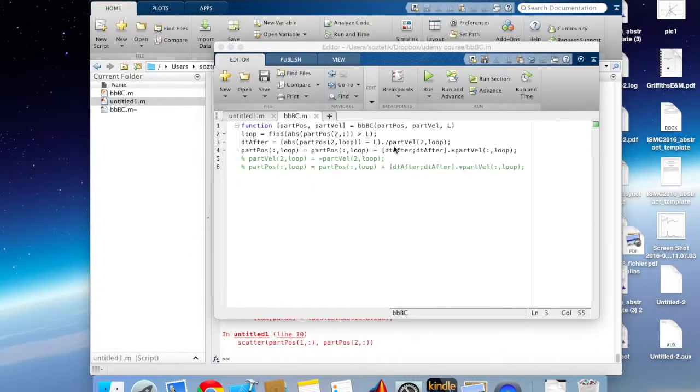Okay, our mistake in here is we should have divided by the absolute value of the velocity, because we're just looking for the time, and if we don't divide by the absolute value of velocity, we could have gotten minus time, which is not what we're interested in.